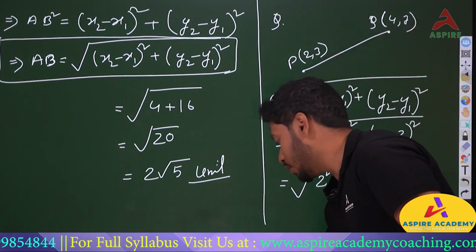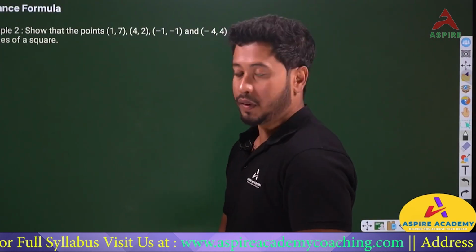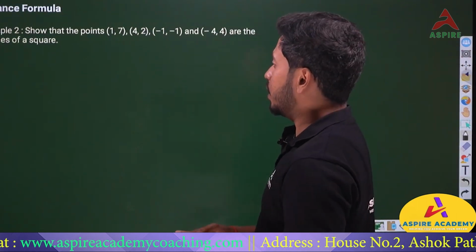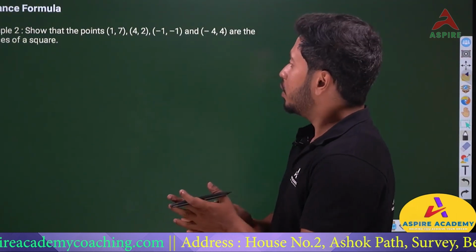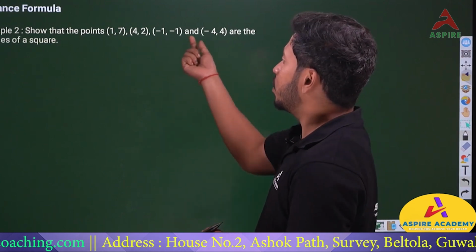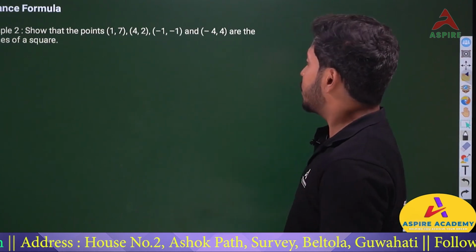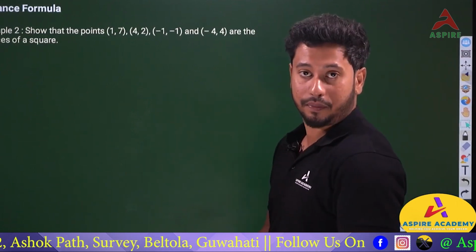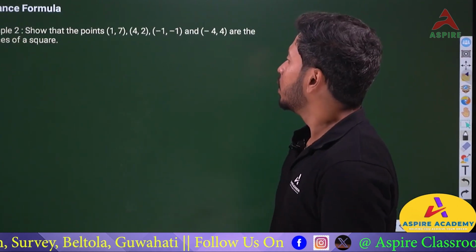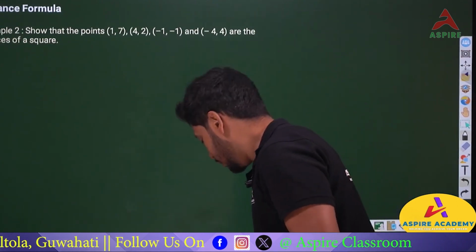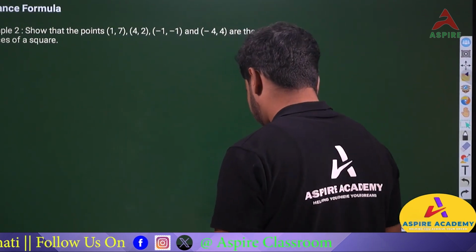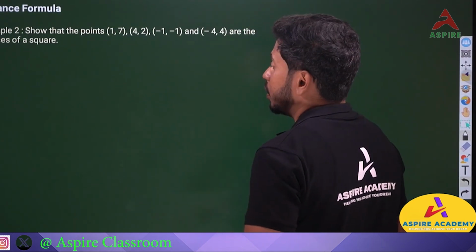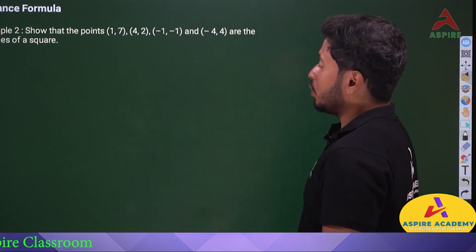Now, example 2. Show that the points 1, 7, 4, 2, minus 1, minus 1 and minus 4, 4 are the vertices of a square. So what is the question here?